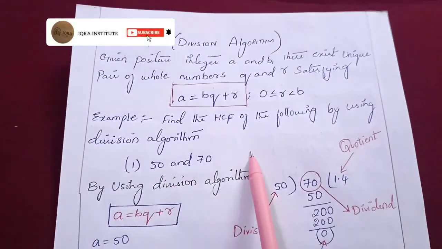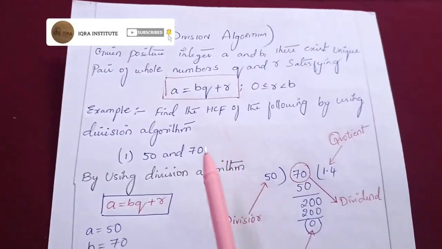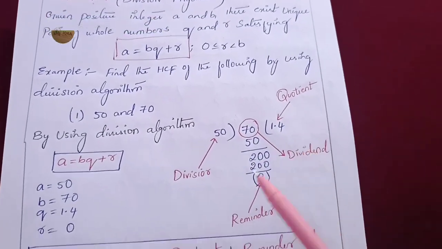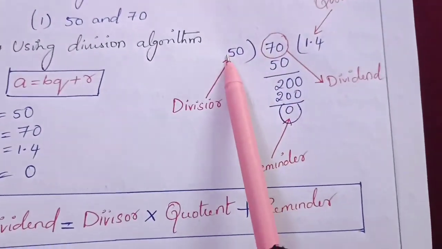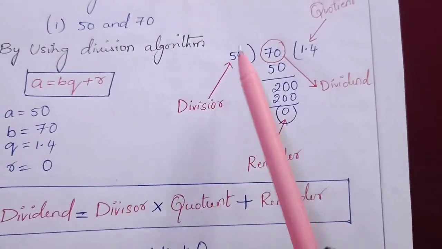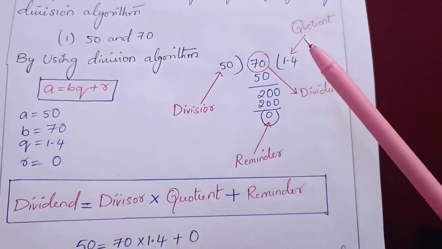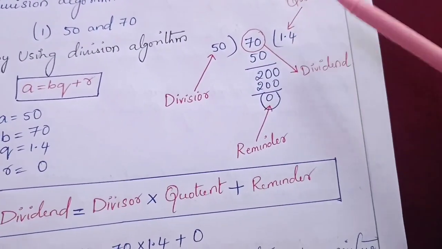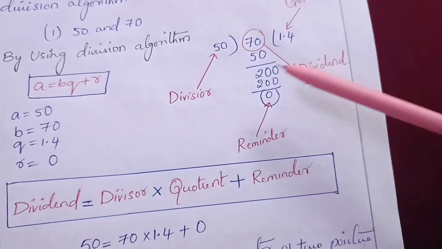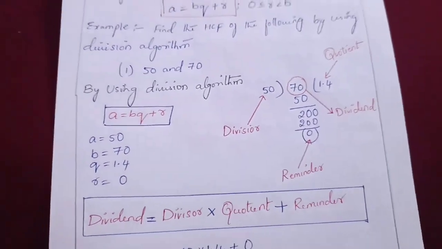Two positive integers a and b are given, you should divide them. As you know, this is called the divisor. The number which we are dividing is called the dividend, the answer we get is called the quotient, and the remainder will be r, which is 0.